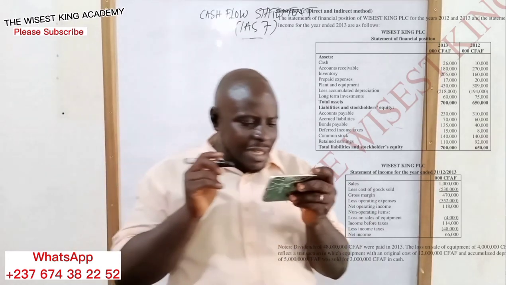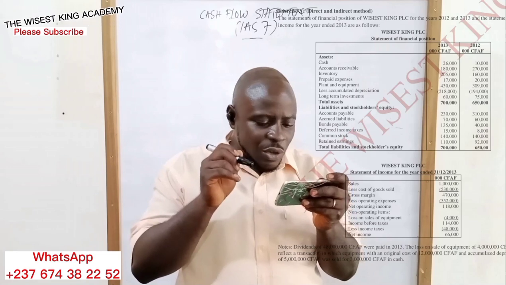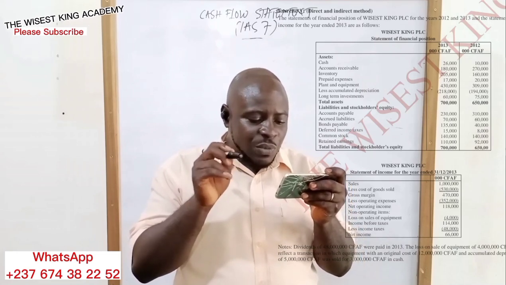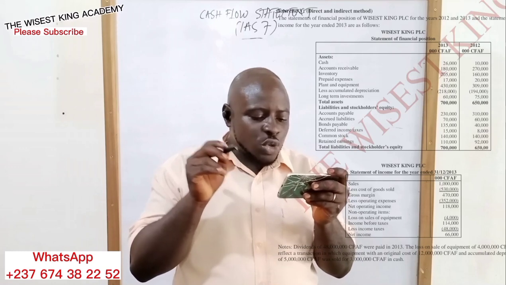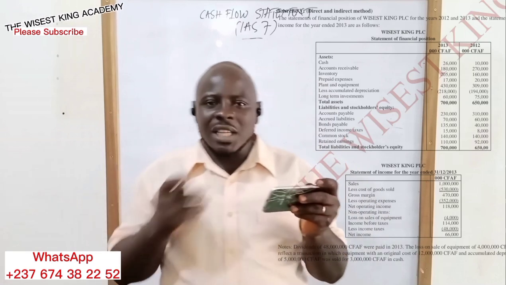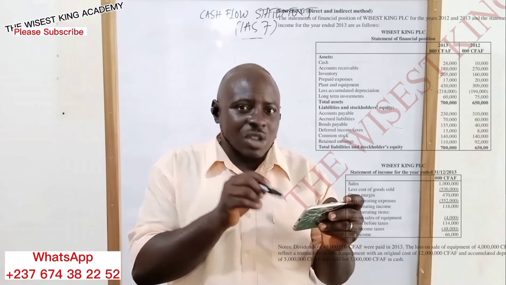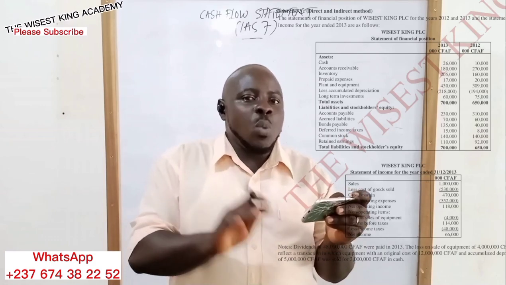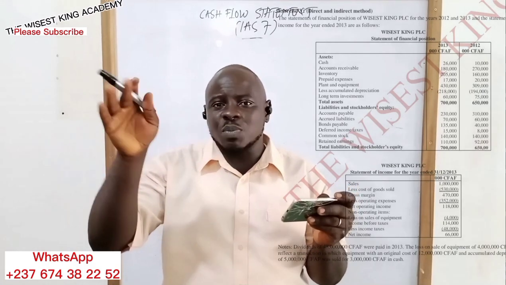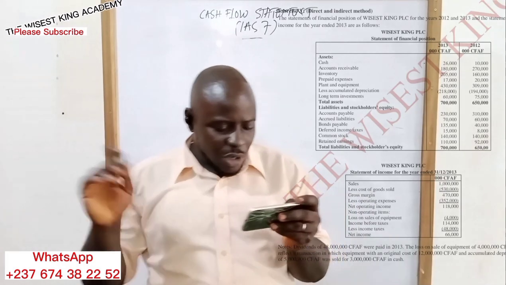Because if you look at the non-current asset, the accumulated depreciation for 2012 was 194,000, and 2013 it was 218,000. It therefore means that the depreciation that took place in the period is a particular amount. I am not taking this difference because I am told that there was a disposal of non-current asset in the period, and if there is a disposal, the depreciation on the asset disposed is also removed. So we are going to look at that.